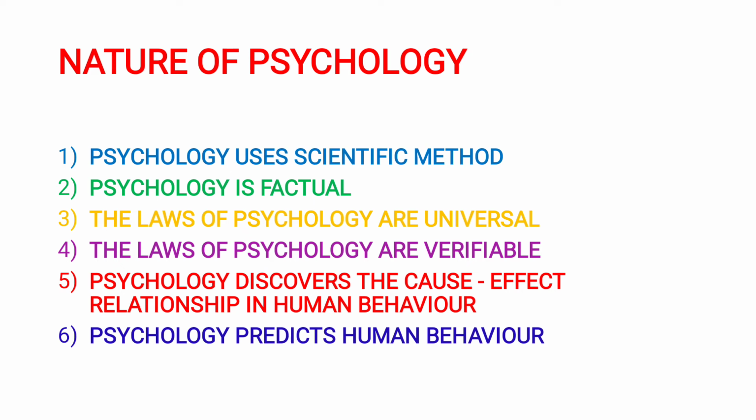Next, psychology discovers the cause and effect relationship. I have told you psychology observes behavior. It not only observes behavior, but what leads to that particular behavior is also dealt with in psychology. For example, a child becomes a juvenile delinquent.